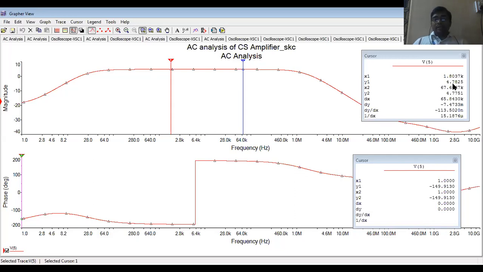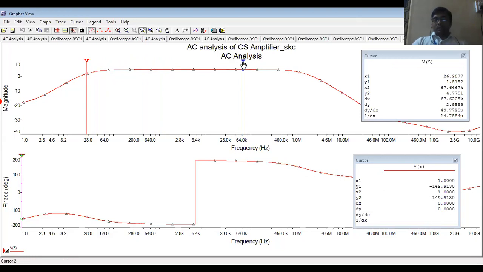We know that FL is 3 dB less than the maximum gain. So we decrease by 3 dB: 4.78 minus 3 means 1.78. When it becomes nearby 1.78, we stop here, nearly 1.8.